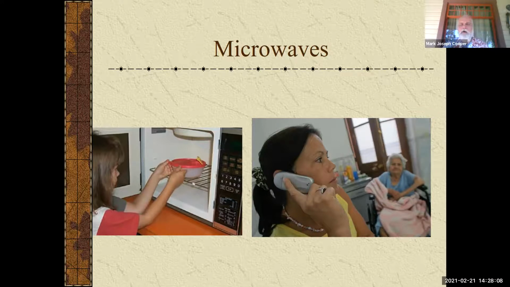Also, phones give off waves. You can see this picture is old because who the hell has a phone that looks like that anymore? But we hold our phones to our head, and teenagers use phones probably more than older people. And one of the problems they found out is microwaves.